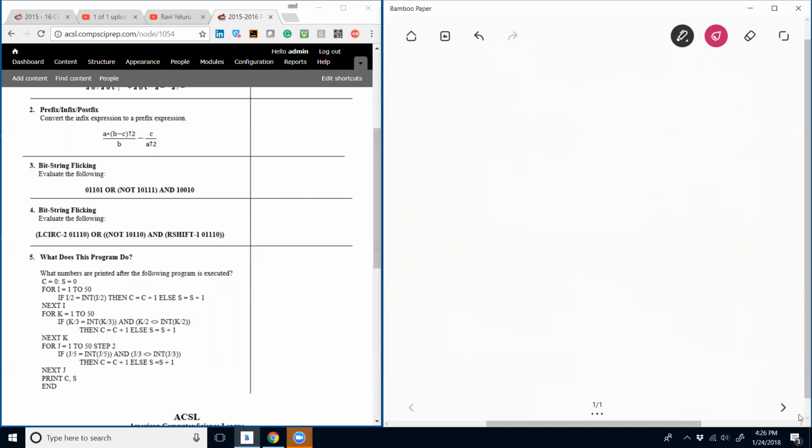Okay, so if I write down this given problem one more time on my right hand side, make sure you put an asterisk wherever there is multiplication without fail, and this up arrow indicates raising to the power 2, so it's like an exponent, over b minus c over a square, right? This is how you read it in math, a to the power of 2. So this up arrow is indicated as exponent in ACSL.